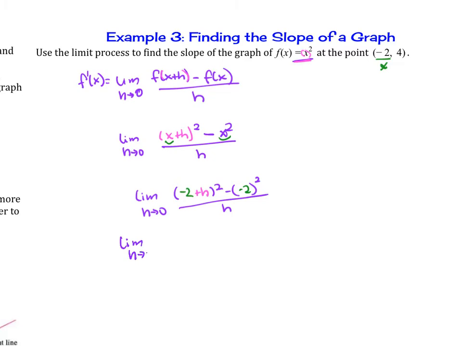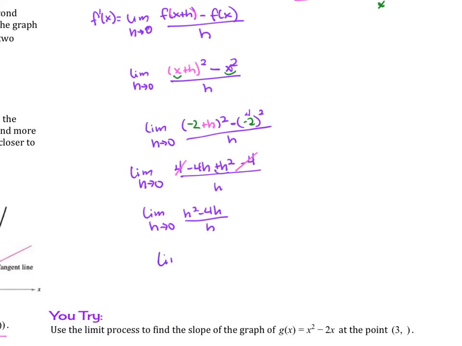So the limit as h approaches 0, this is 4 minus 4h plus h squared, and then -2 squared will be a positive 4, right? This will be positive 4, which will end up being a -4 because the sign is negative here, all over h. So this is the limit as h approaches 0, and then 4 minus 4, that cancels. So we're left with h squared minus 4h all over h. Then simplify a little bit more.